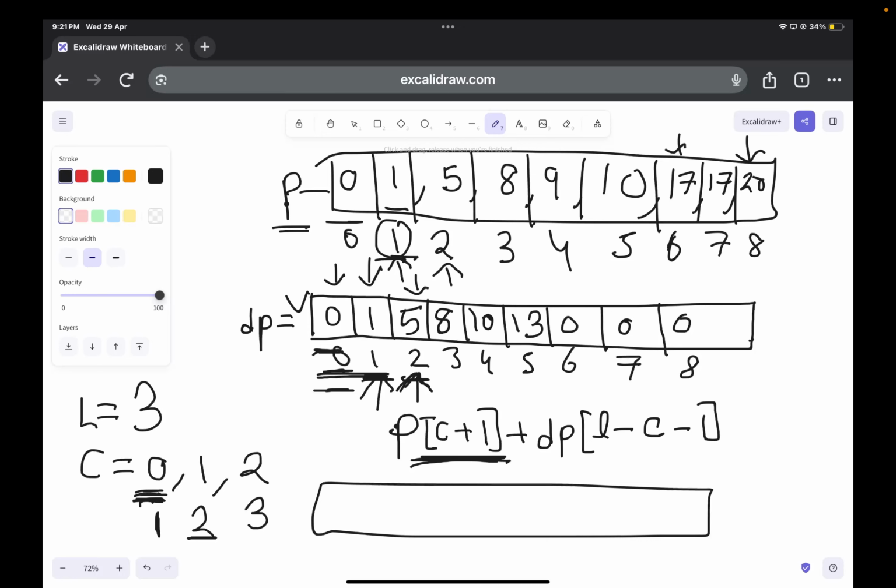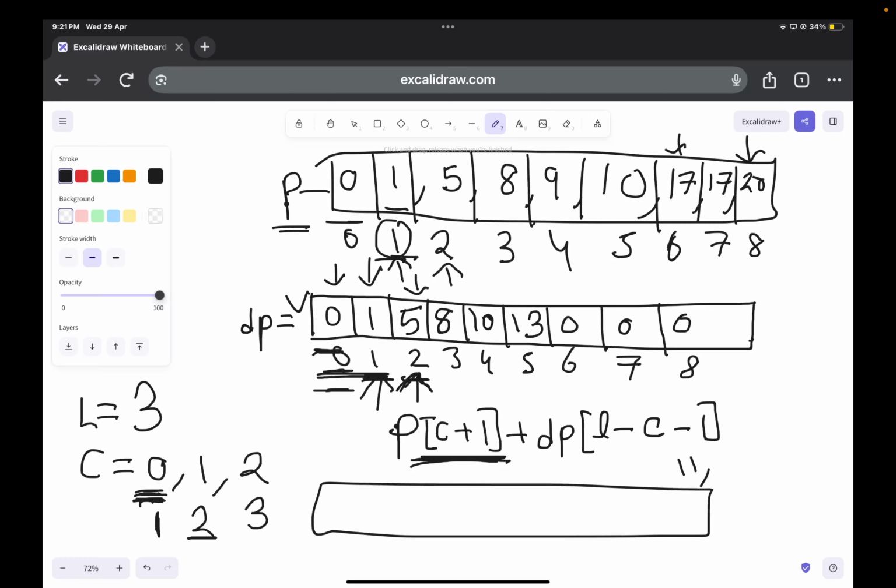Okay, if I cut 1 plus 5, the price of cutting 1 is 1 and 5 is 10. 10 plus 1 is 11. Understood? Yes, sir. Yeah, 11.